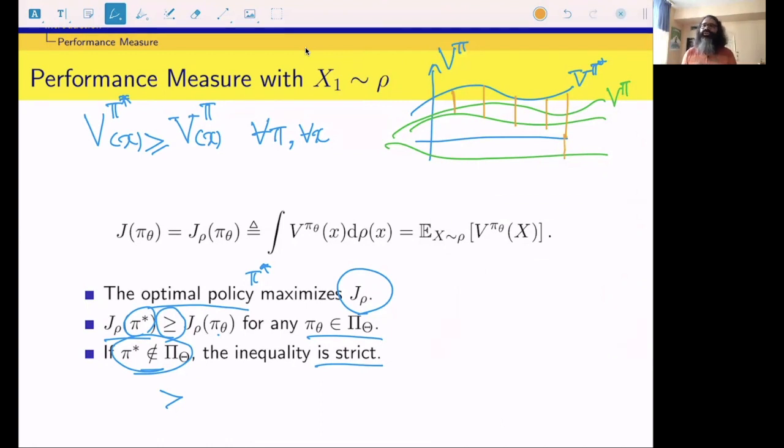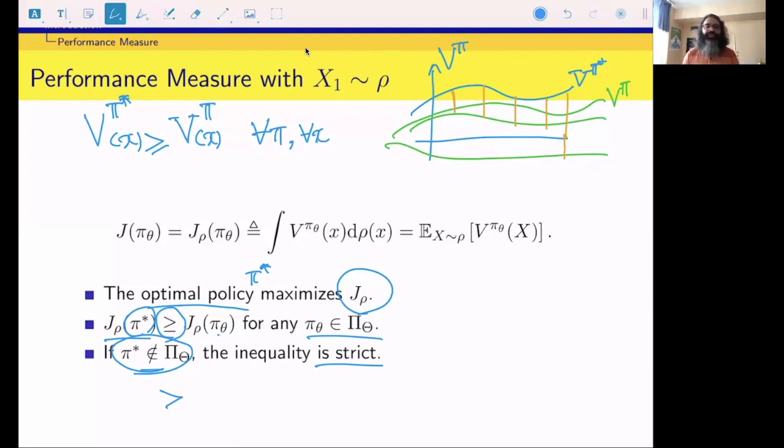But here, this is not a scalar performance measure, but a performance measure that is defined for all states. Here we want to convert the performance of any of these policies to a single number and say that the one that has the highest number is the best.